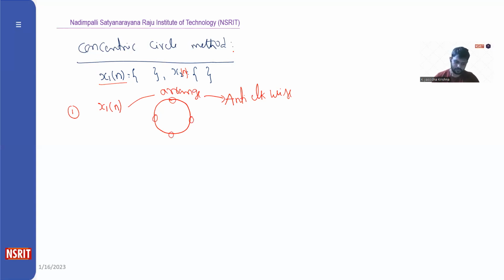For an exam, just take two expressions. One is x1 of n, 1 comma minus 1 comma minus 2 comma 3 comma minus 1, and then x2 of n, that is simply 1 2 3, you can write.